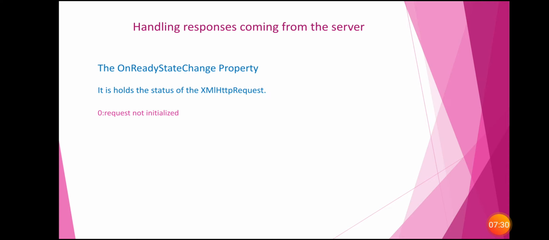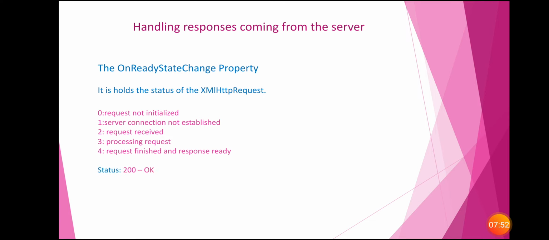There are some codes. 0 signifies request not initialized. 1 signifies server connection established. 2 signifies request received. 3 signifies processing request. And 4 signifies request finished and response ready. Now we see some status codes. 200 is for OK, and 403 signifies forbidden. 404 signifies page not found.